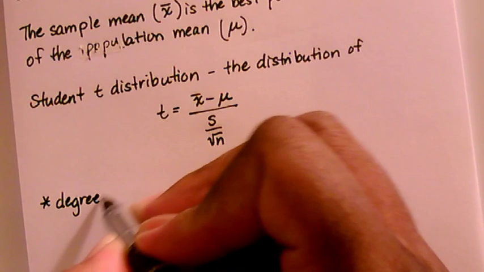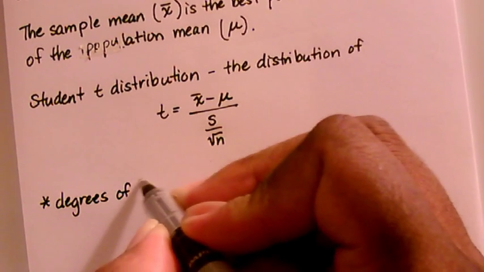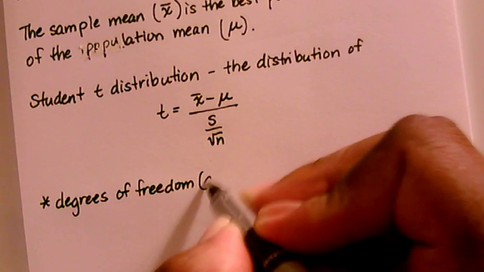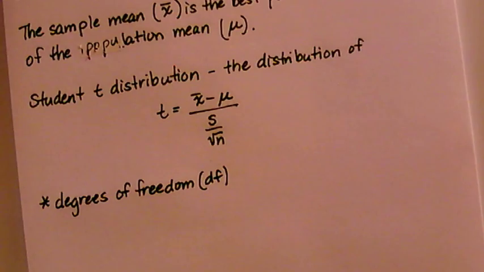So here's another definition. Degrees of freedom is just simply abbreviated as DF.